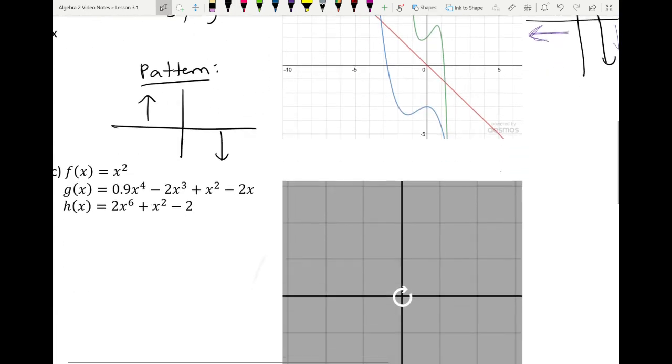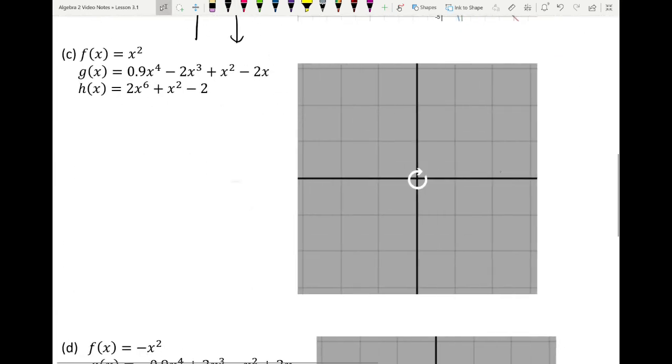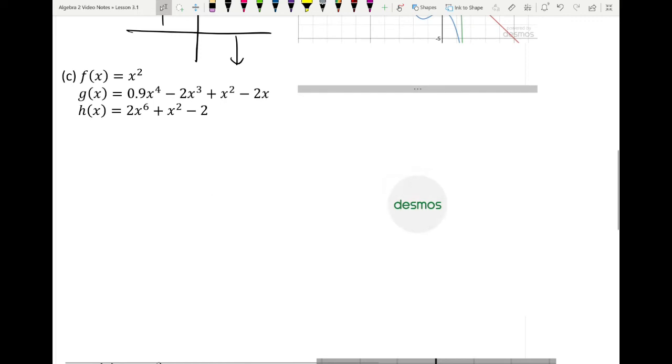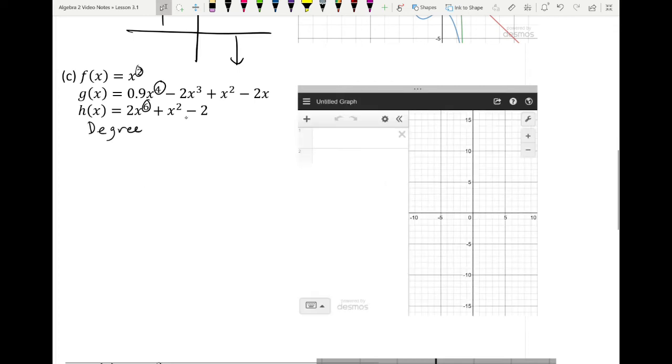All right, now let's look at the end behavior for the third set of functions. If you look at the functions, we have an even degree: 2, 4, and 6. So the degree here is even.